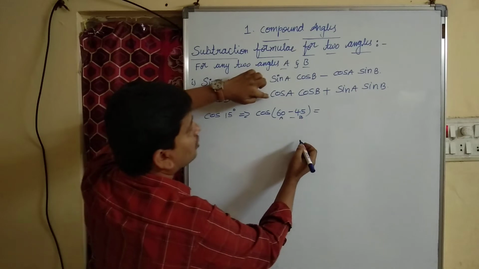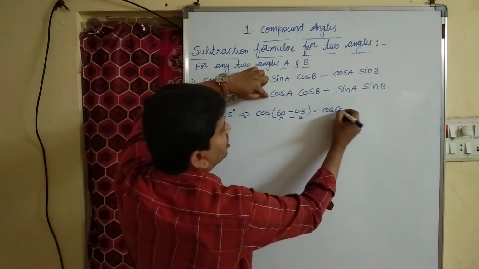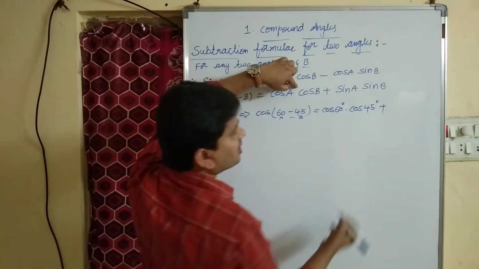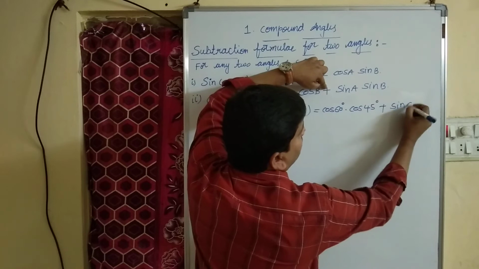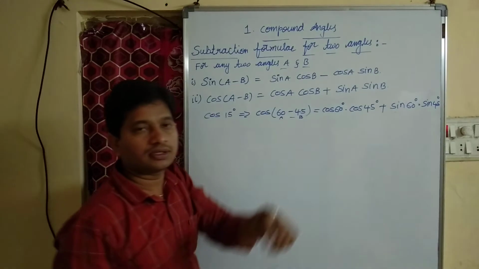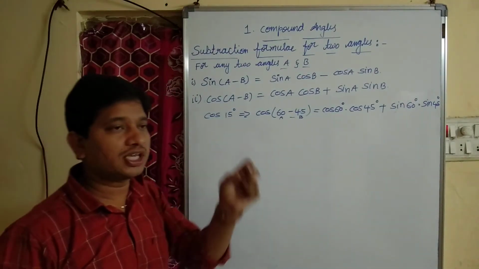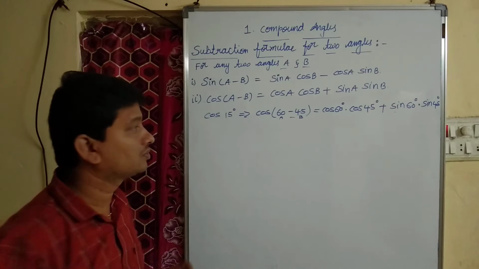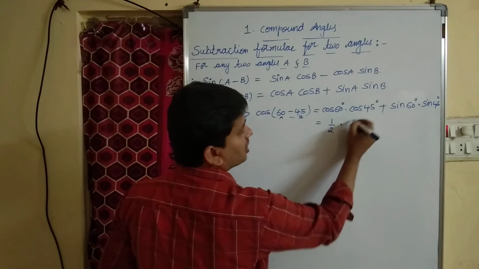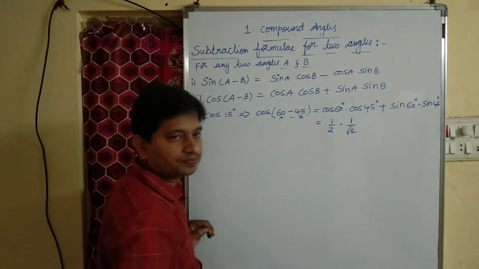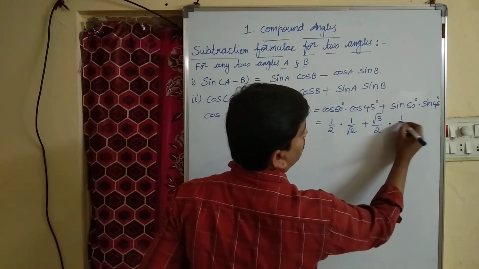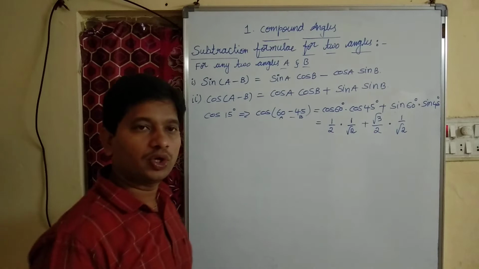That is cos A, cos 60, and cos B, cos 45 degrees, plus sin A, sin 60, into sin B, sin 45 degrees, right? In between we have plus: cos A cos B plus sin A sin B. So we know cos 60 is 1 by 2 and cos 45 is 1 by root 2, plus sin 60 is root 3 by 2 into sin 45 which is 1 by root 2.